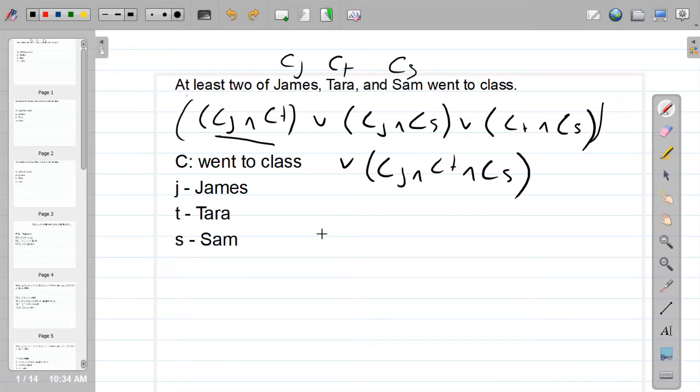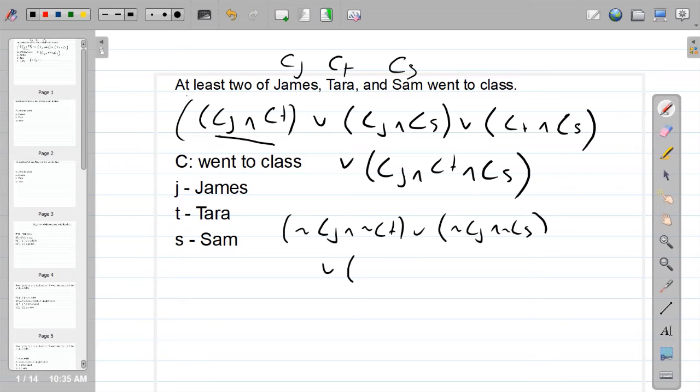Oh, yeah, so we said either not CJ or not CT or not CS. So that's at most 1, right? No. So not CJ and not CT, or not CJ and not CS, or not CT and not CS.